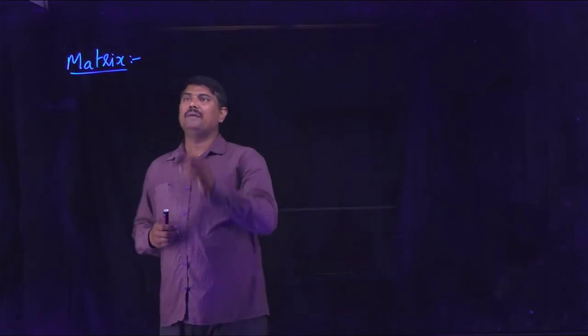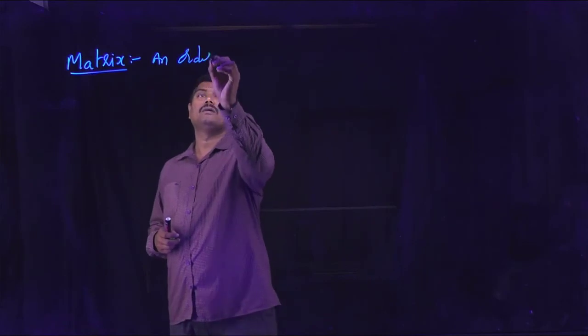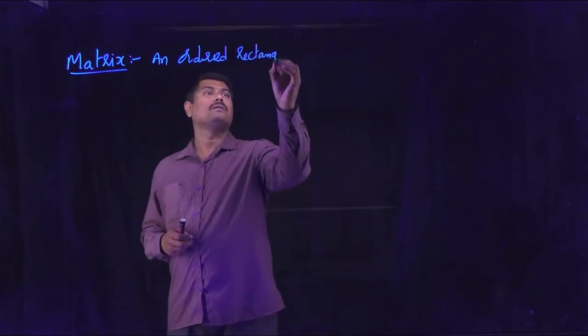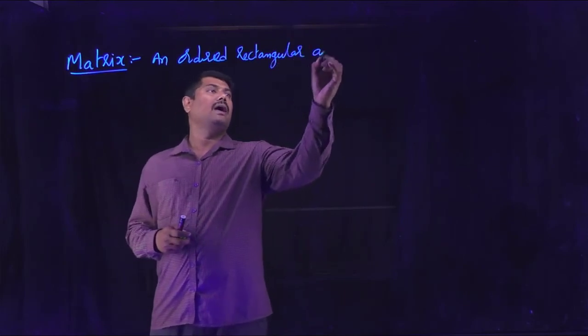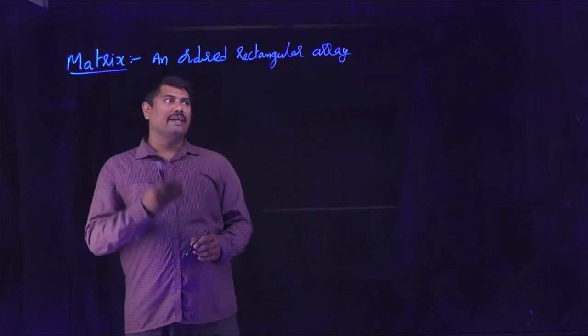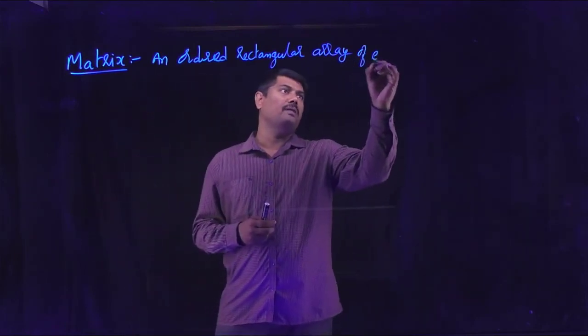Simply, a matrix is an ordered rectangular array. An ordered rectangular array. Array means arrangement, array of elements.